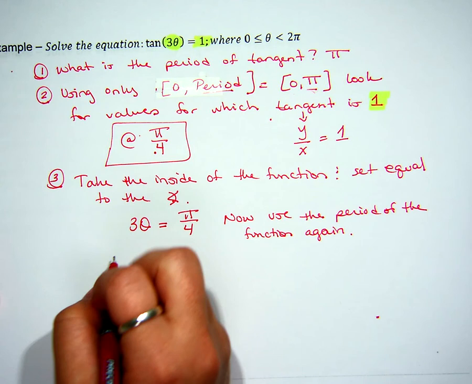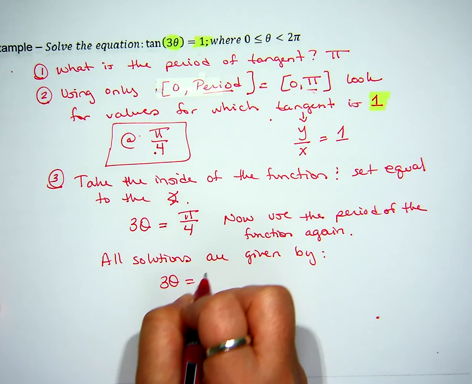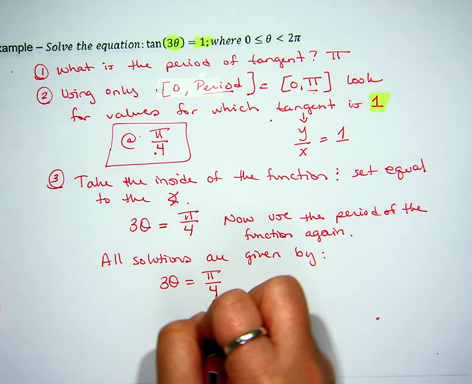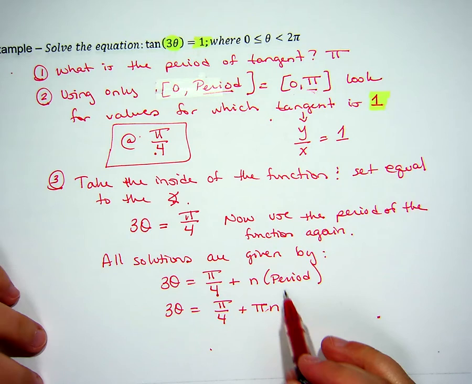So what we're going to do is say all solutions are given by 3 theta equals pi over 4 plus n times the period, which in this case is pi, so 3 theta equals pi over 4 plus n pi, or pi n, okay? Because the period is pi. This is the equation that I will use to find all of my solutions.